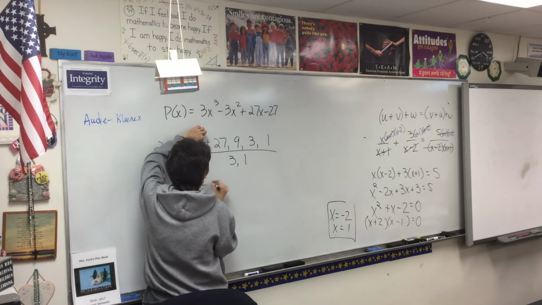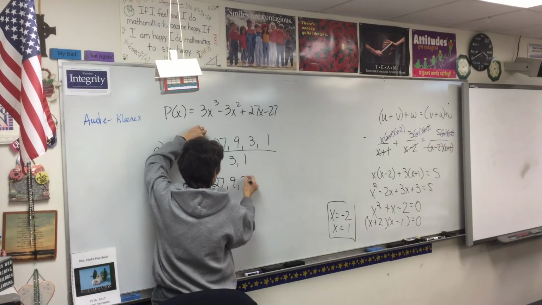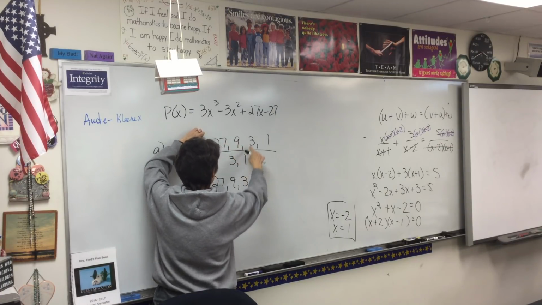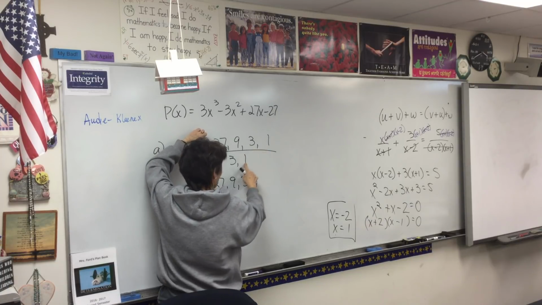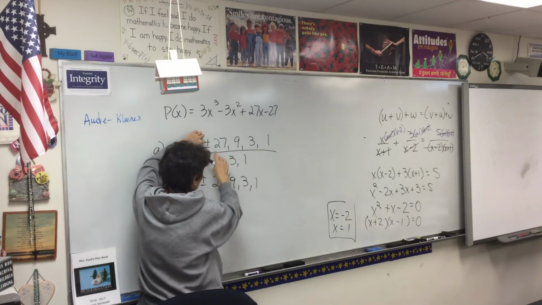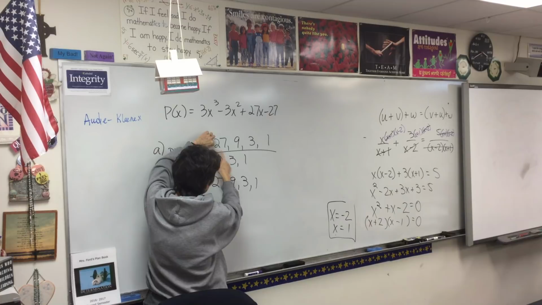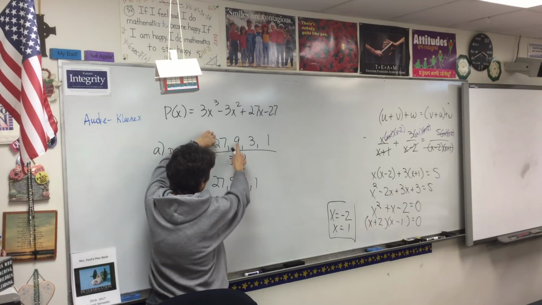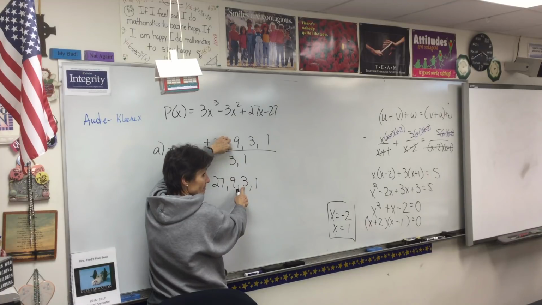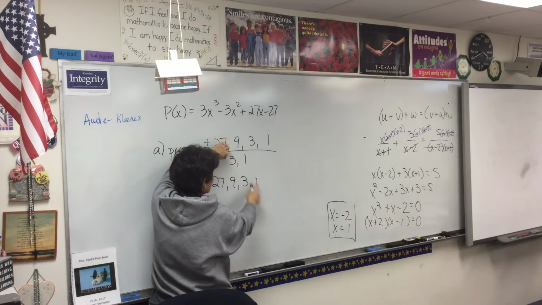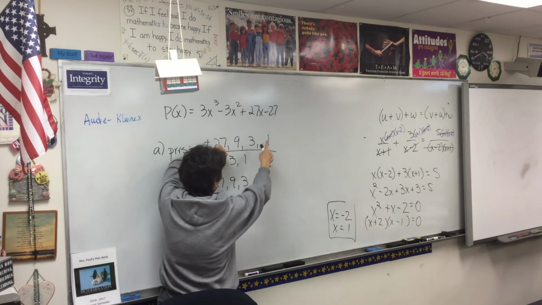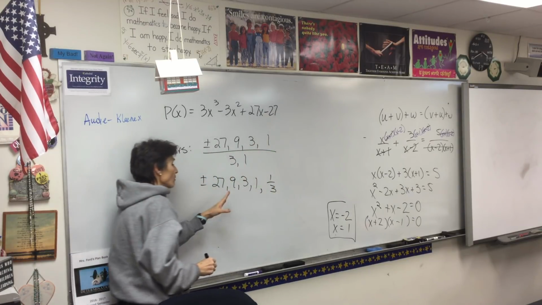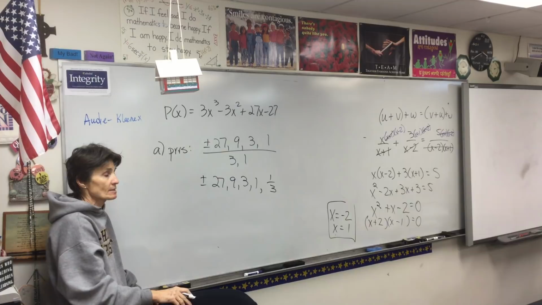So we have 27, 9, 3, and 1, because 27 over 1, 9 over 1, 3 over 1, 1 over 1. Now do them all over 3. So 27 over 3 is 9. It's already in the list. 9 over 3 is 3. 3 over 3 is 1. But what about 1 over 3? It's not in the list yet. So there are the numbers in the list.